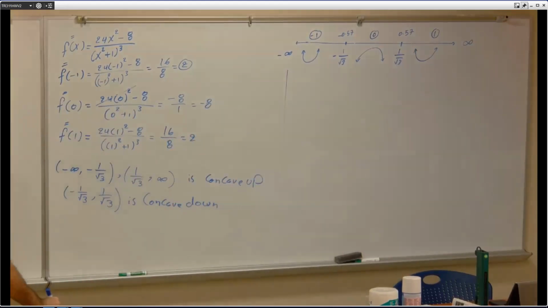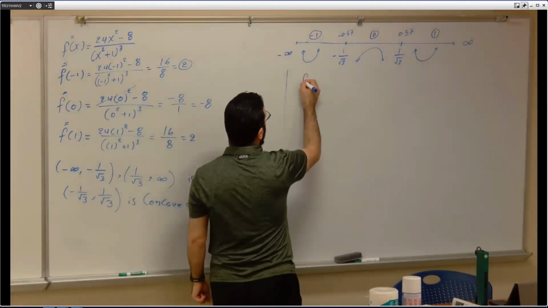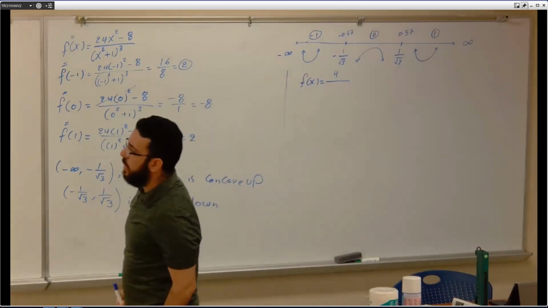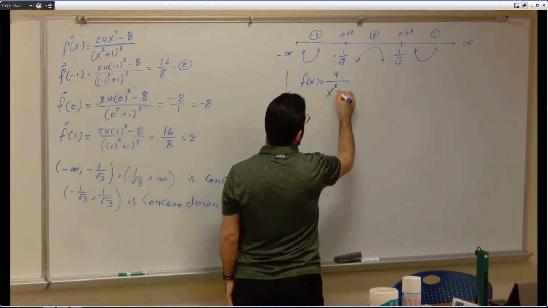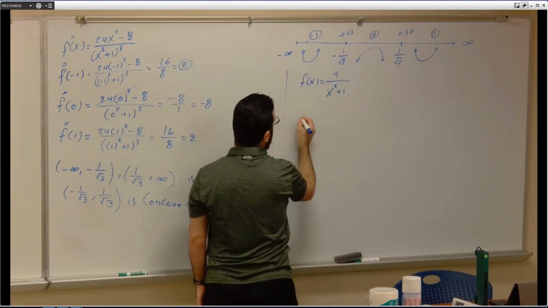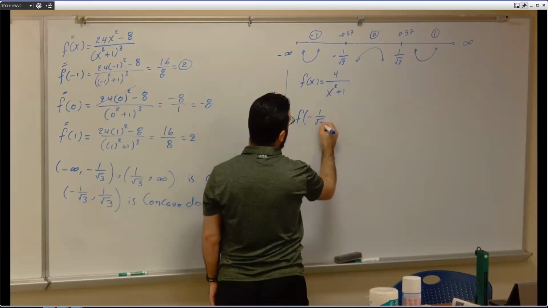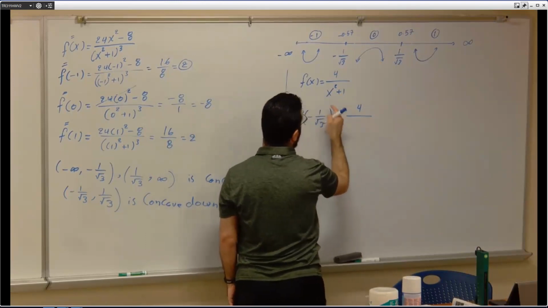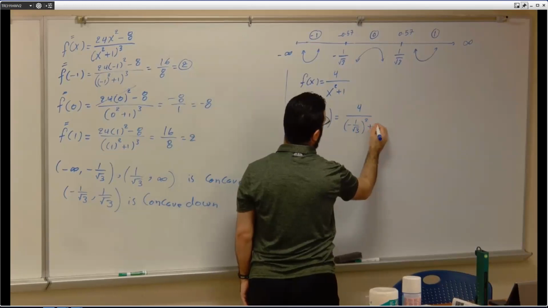To find the inflection points, we plug into the main equation, which is f of x equal to 4 over x squared plus 1. I'm going to plug in this point. So f of -1 over square root of 3 is going to be 4 over -1 over square root of 3 squared plus 1.